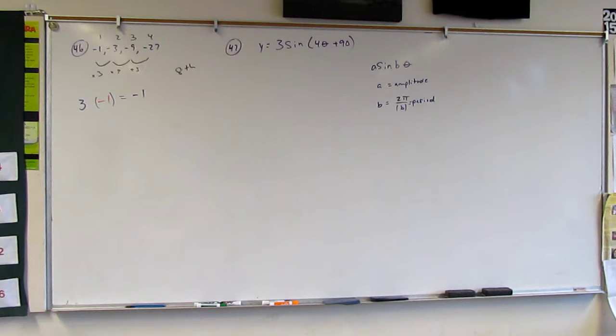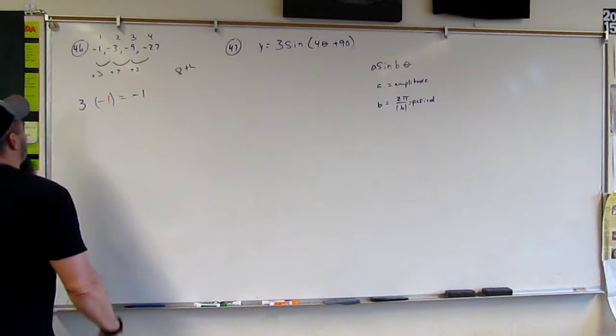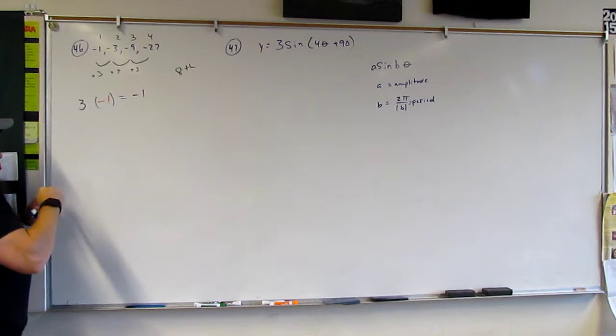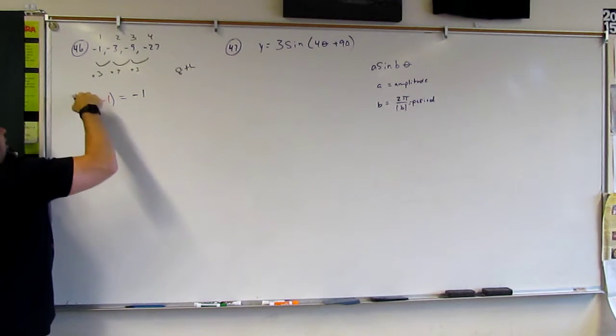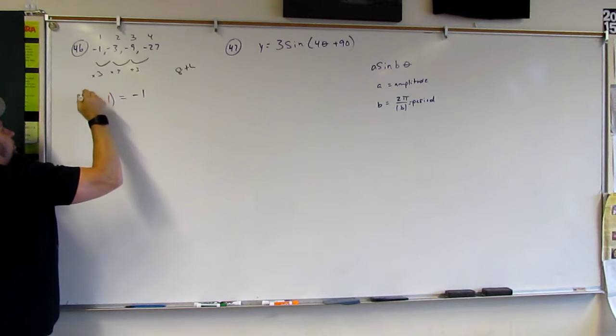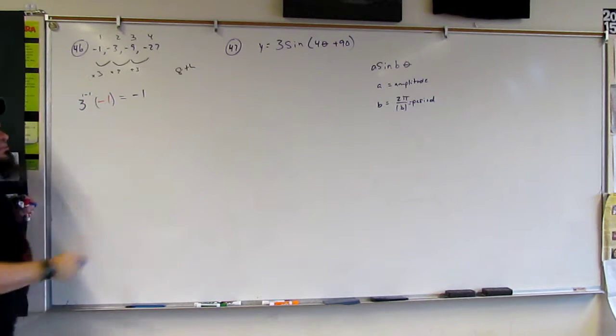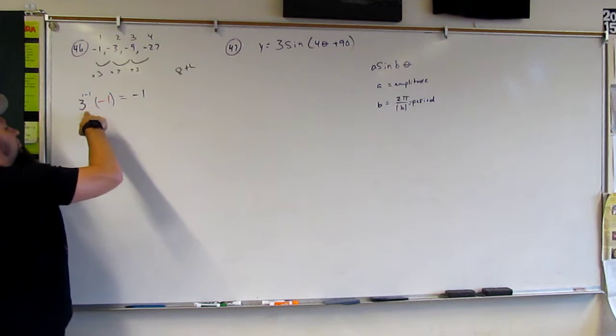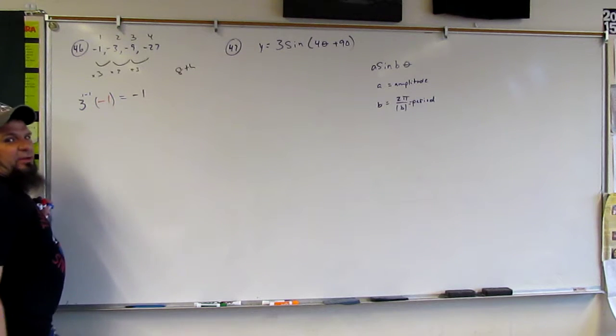No. Because it needs to be to the 0 power here. How do we get 0 here? 1 minus 1, right? 1 minus 1 will be 0, right? Okay? And then 3 to the 0 times -1 is -1.